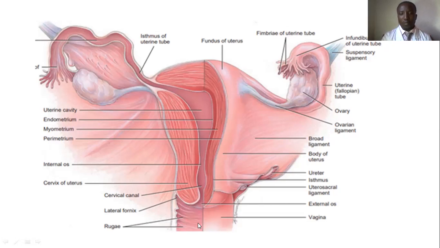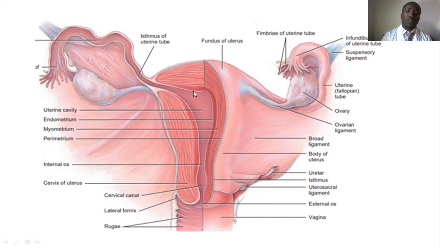As you can see, this structure is part of the vaginal canal. This is part of the vagina, which is a fibromuscular tube, and this is the vaginal canal showing the rugae. You can see we have the other parts like the lateral fornix, the cervical canal. This is, of course, the internal cervical canal. As you can see, this is the external os.